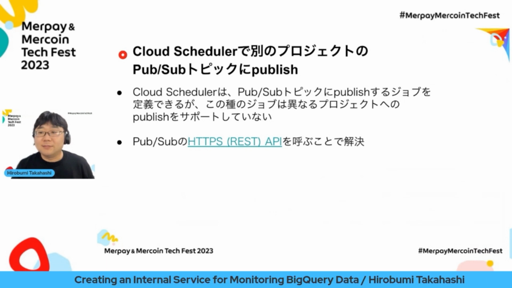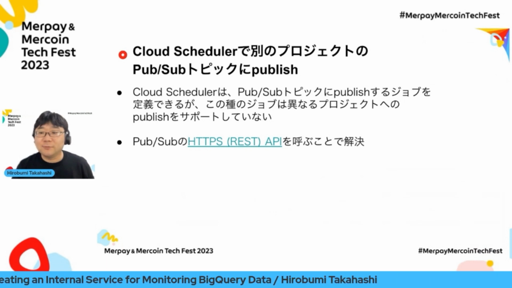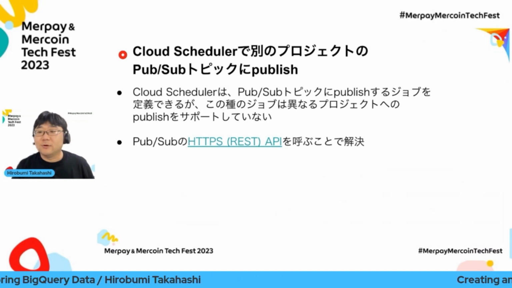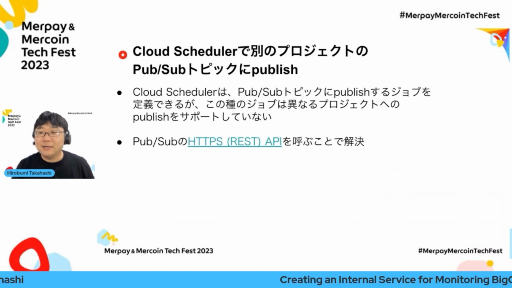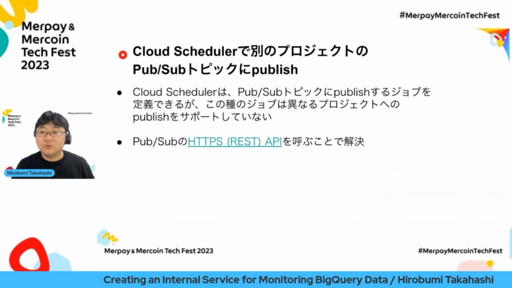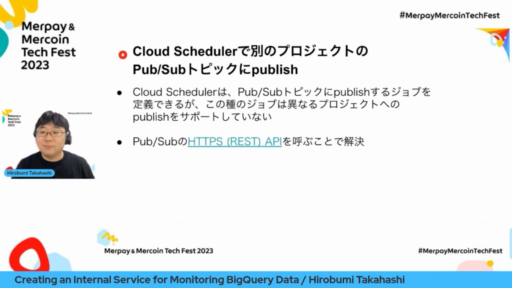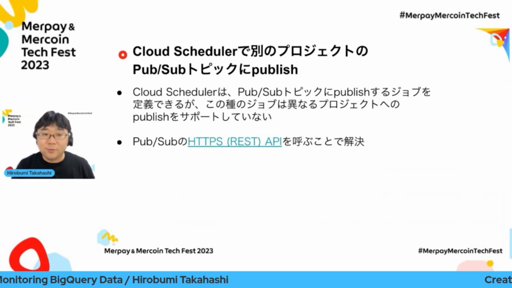Based on this system, the Cloud Scheduler job needs to publish a message to the PubSub topic. Originally, Cloud Scheduler supports jobs that publish to a PubSub topic, but with this system, if the PubSub topic is in a separate project, it is not available. But this time, from the scheduler, by calling PubSub's publish HTTPS API, we were able to solve that issue.